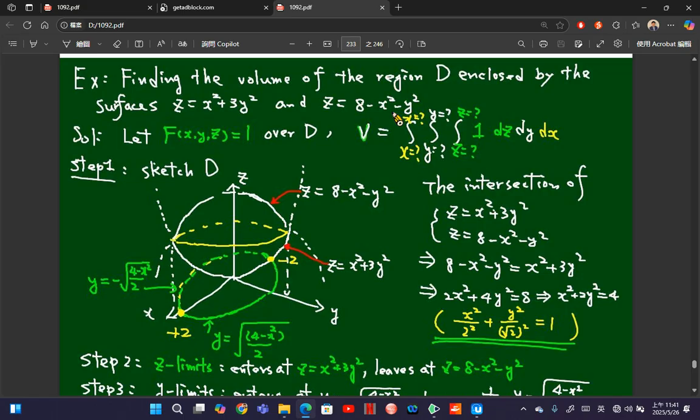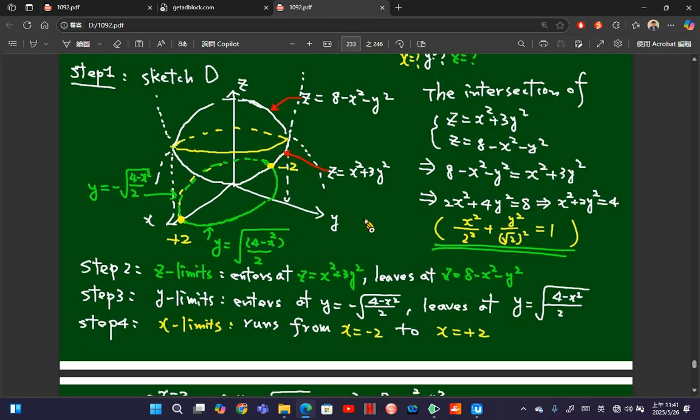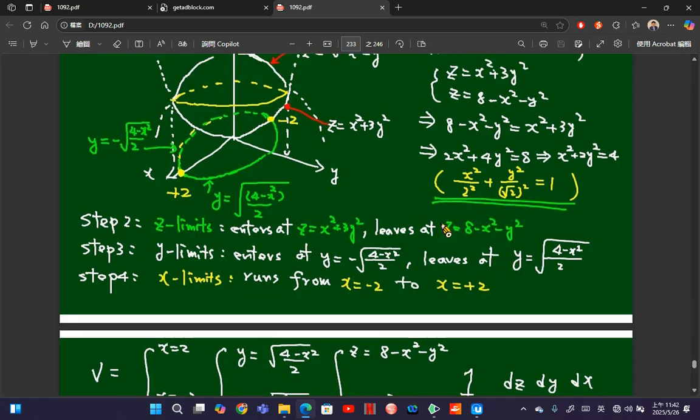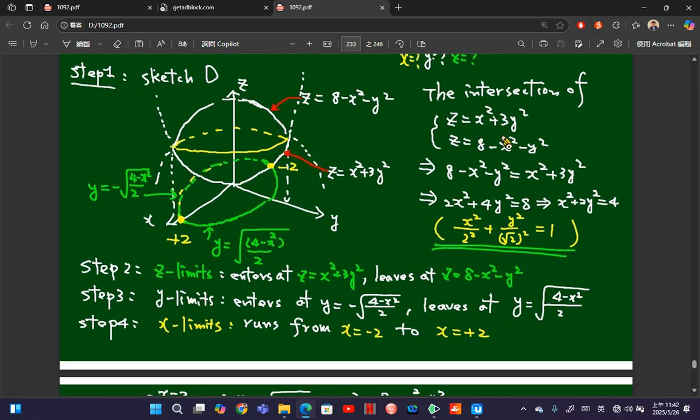Then you can construct the innermost integration here. This is the enter point, this is the leaving point, and then we use these two surfaces to construct the projected region in the xy plane.